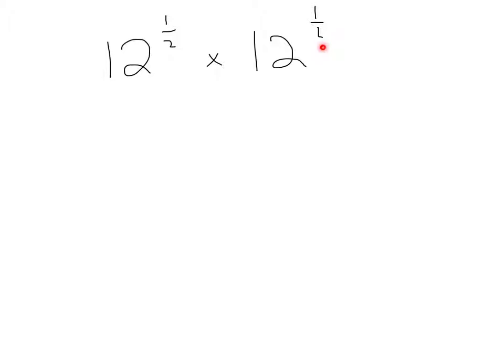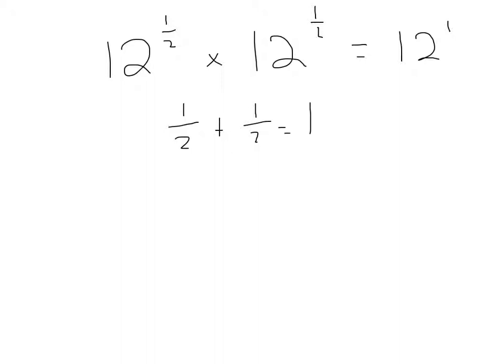So 1/2 plus 1/2 equals 1. And what we get from that is that 12 to the 1/2 times 12 to the 1/2 is just going to equal 12 to the 1.